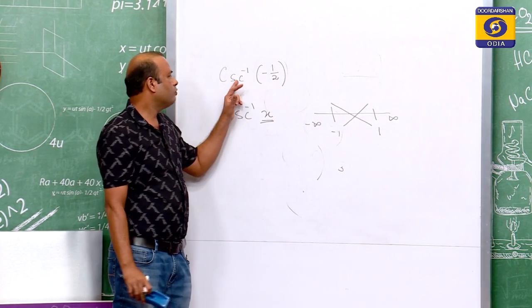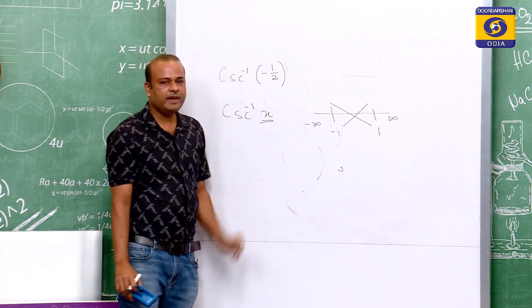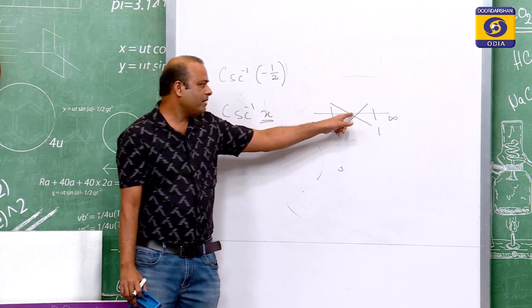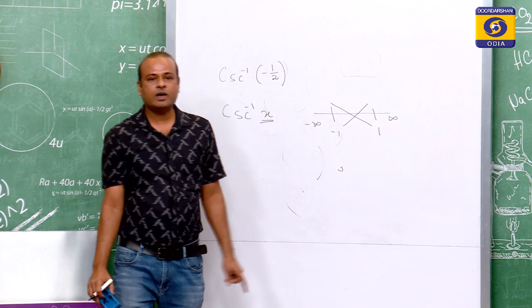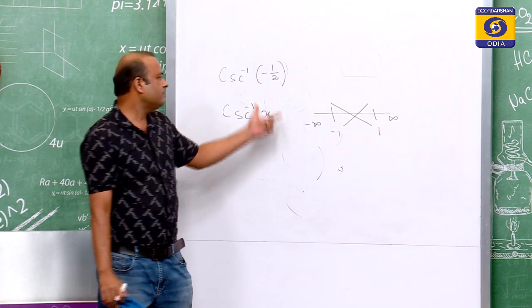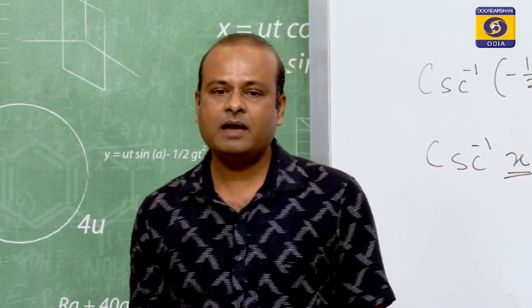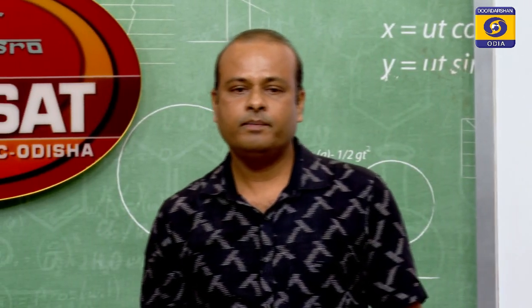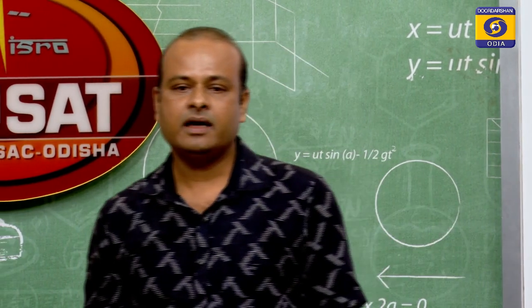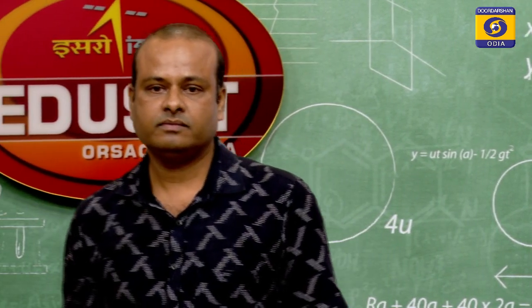So for cosec inverse minus 1 by 2, minus 1 by 2 belongs to minus 1 to 1, so this value does not exist. So what is the principal value? You can say the principal value is the empty set phi.